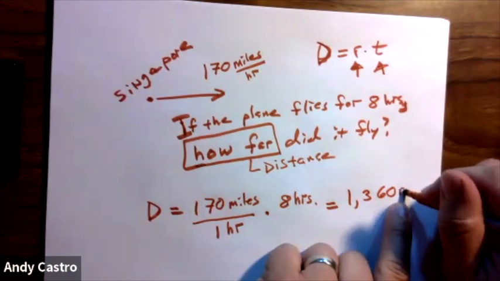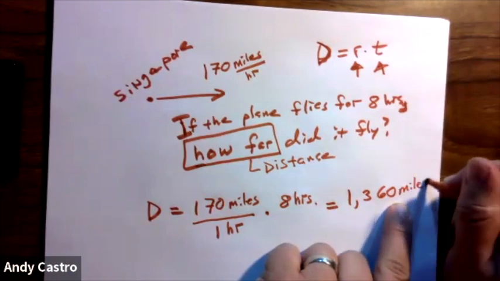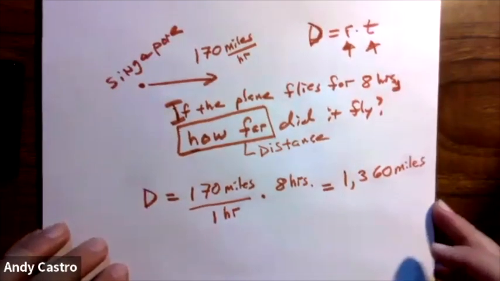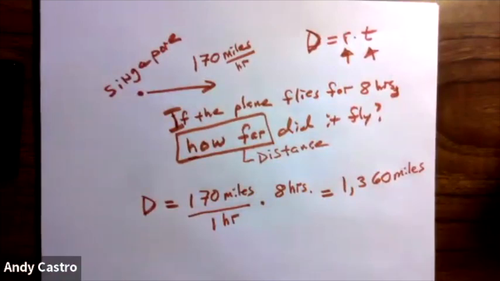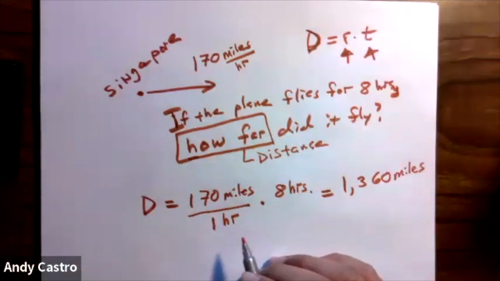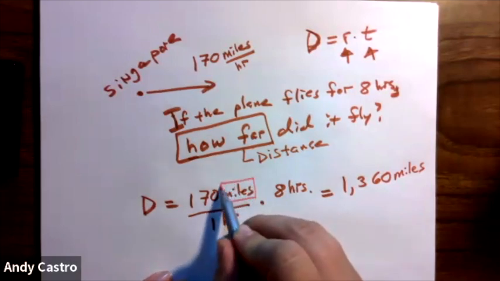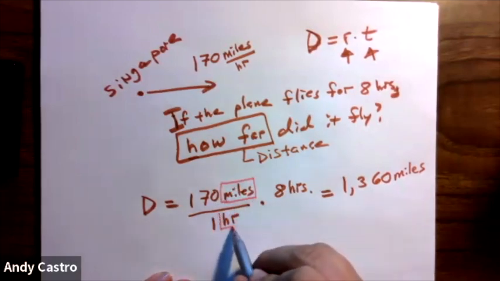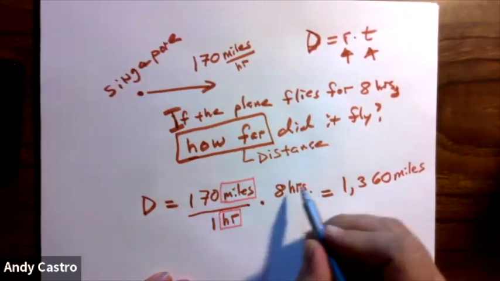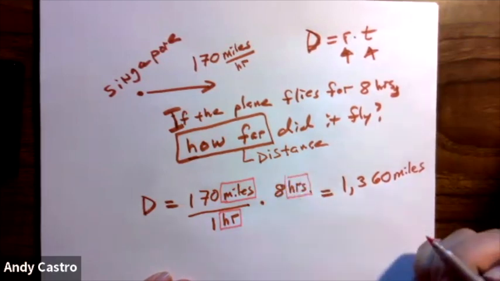1,360 miles. Now, for those of you in a physical science class or really any physics type class, you'll talk about units. So this unit here is miles. This unit here is hour. This unit here is hour.